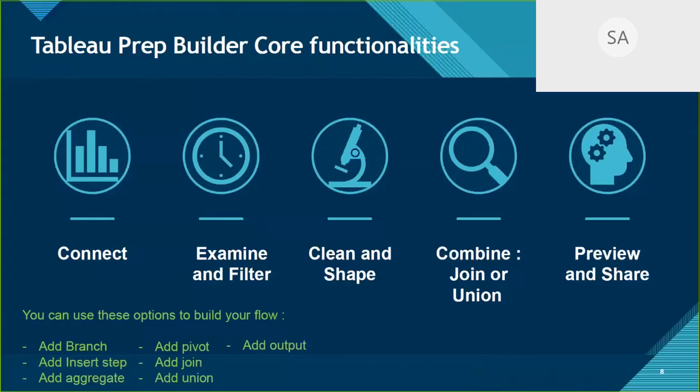So how do you make sure that you're combining this data together, pulling that information, making sure that you're harmonizing the data, combining and joining it, and then ultimately it helps you to preview and share and run the flow. So basically you are working with flows in Tableau Prep, and then you preview and share, and then you add the output step so that you can then use that output as an input to Tableau Desktop as a data source, right? So you basically are working with flows in Tableau Prep Builder, so please keep that in mind.